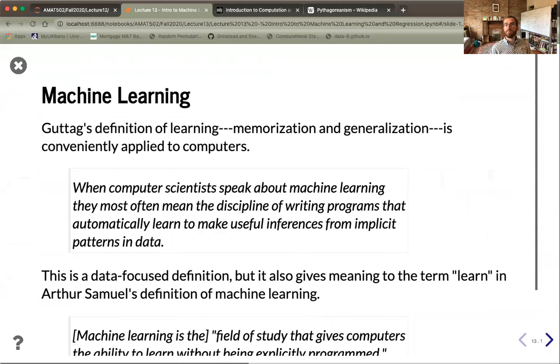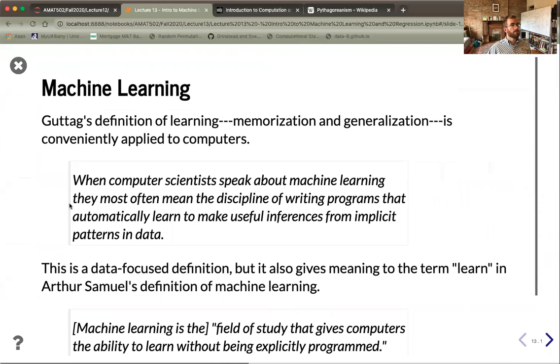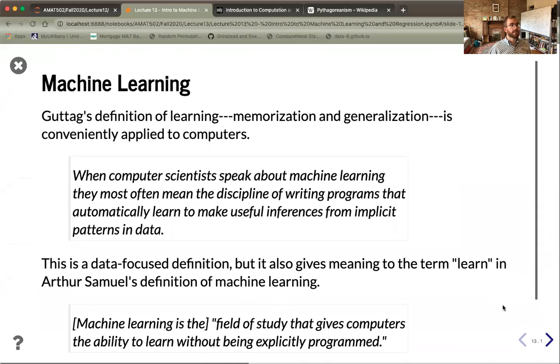So let's look at why this definition is suitable for machine learning. Guttag's definition of learning, memorization and generalization, the reason he uses that is it's conveniently applied to computers. And so, in fact, he says, when computer scientists speak about machine learning, they most often mean the discipline of writing programs that automatically learn to make useful inferences from implicit patterns in data.